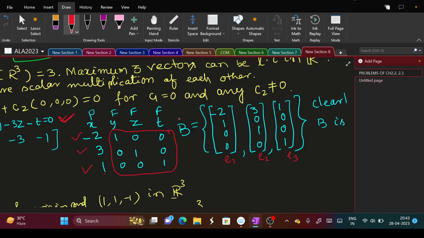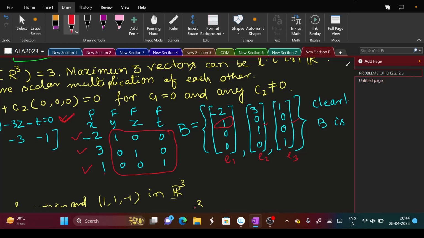Here the second component has 1, so I will multiply the second variable to this, the third variable to this one, and the fourth variable to this vector. That is my general vector.